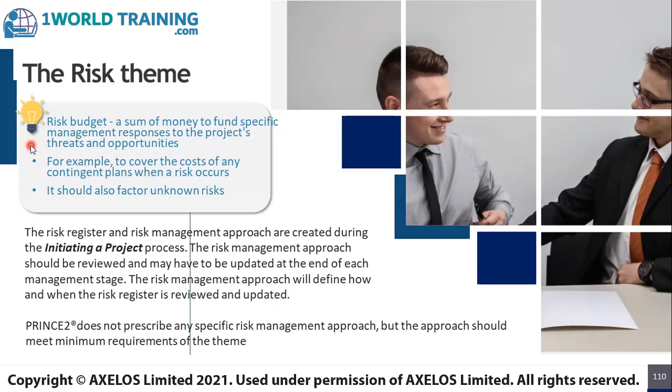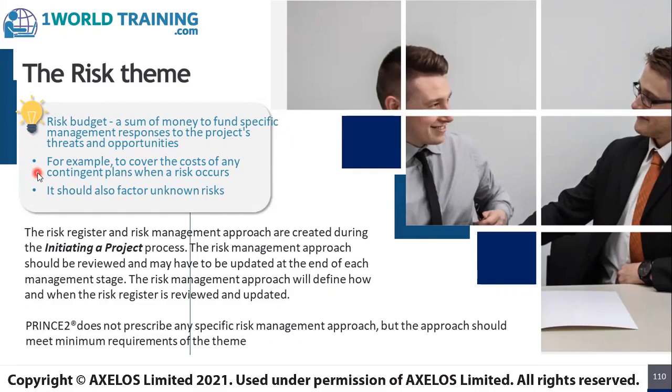which means the risk budget does not include the effort to identify and analyze the risks or to plan the responses, but only the effort to fund the actions to be taken. For example, to cover the cost of any contingent plans when a risk occurs. The meaning of the word contingent is an action to be taken based on a certain symptom, a warning sign, or a condition.